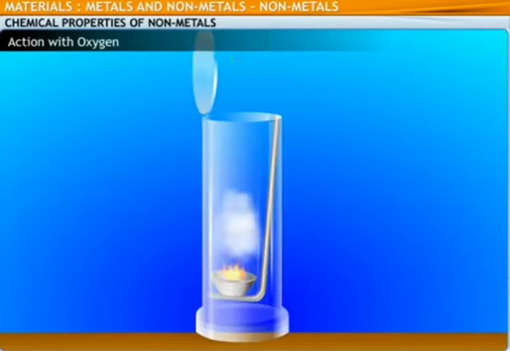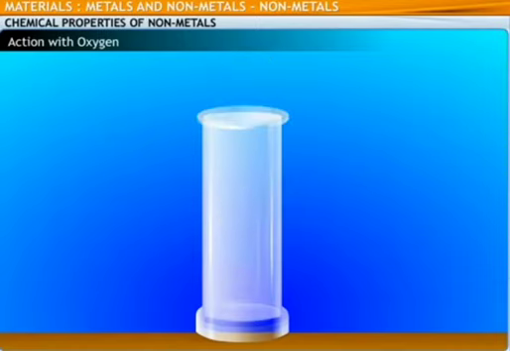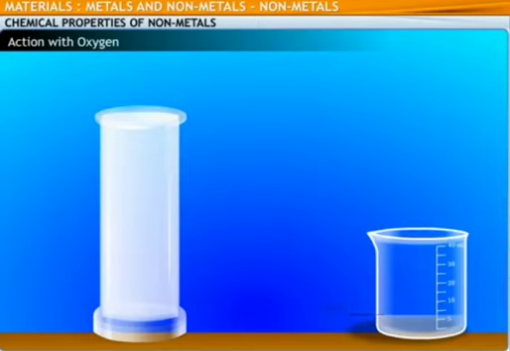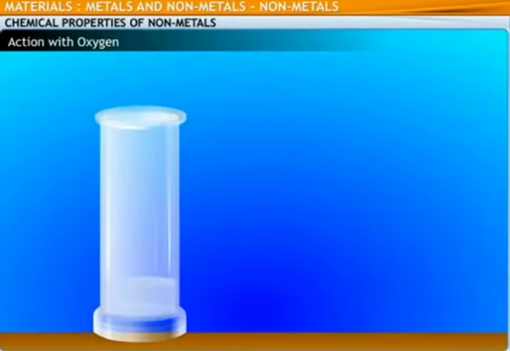Then, cover the jar with a lid to ensure that the produced sulfur dioxide gas does not escape. Remove the spoon after some time. Add a small quantity of water into the gas jar and quickly replace the lid. Shake the gas jar well.